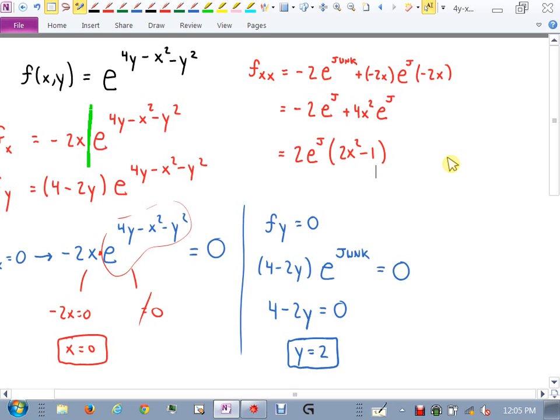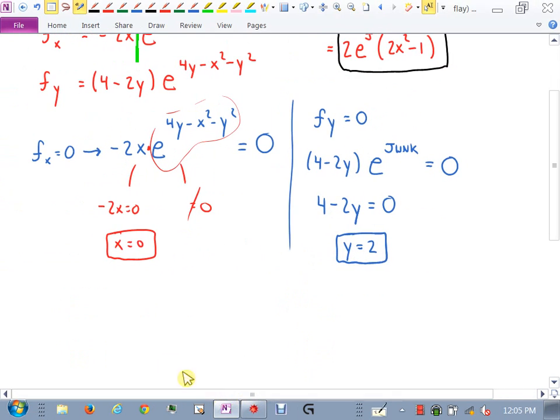Okay. Now we need fyy. I'm trying to do it where I can refer back to it. So fyy is right up here. Product rule again: derivative of this first one is negative 2 times e to the junk, plus what's the derivative of e to the junk with respect to y again? It's this again.